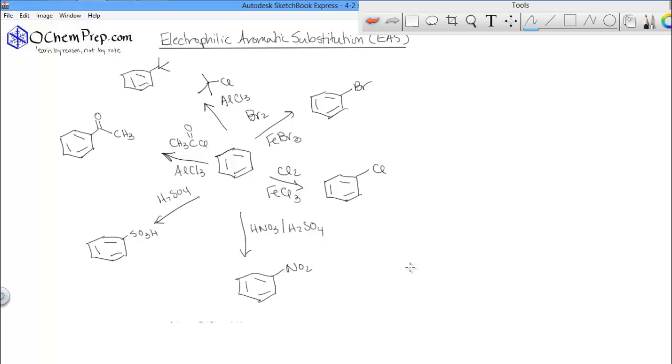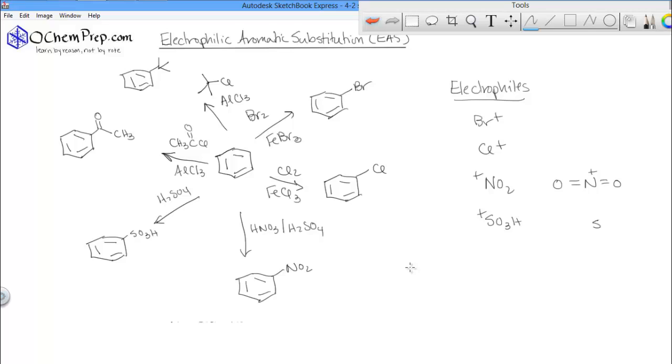Now, the different electrophiles for all of these look like this. For bromination, you add Br+. For chlorination, you add Cl+. For nitration, you add NO2+. When you look at the Lewis structure, it looks like this, with the plus on the N. For making the sulfonic acid group, it's SO3H+.